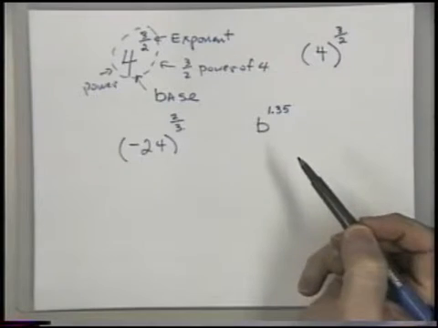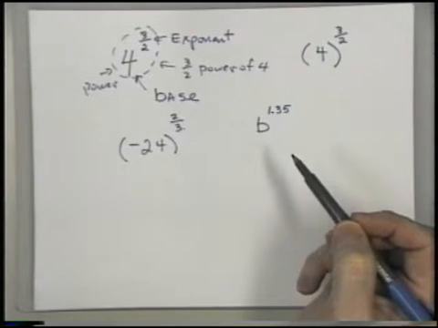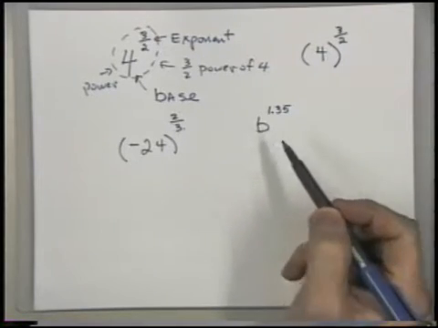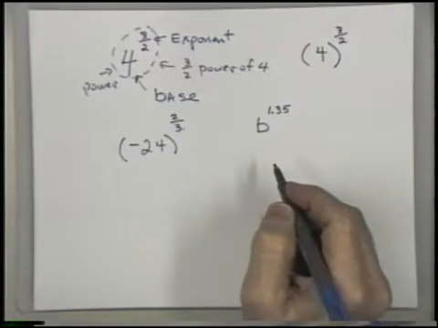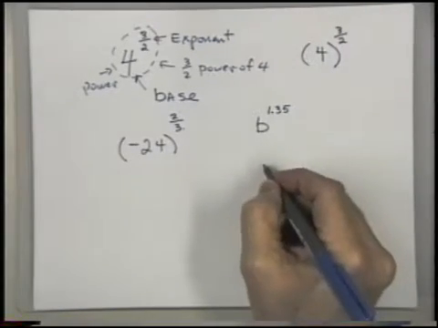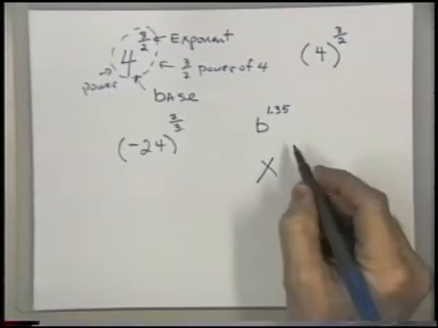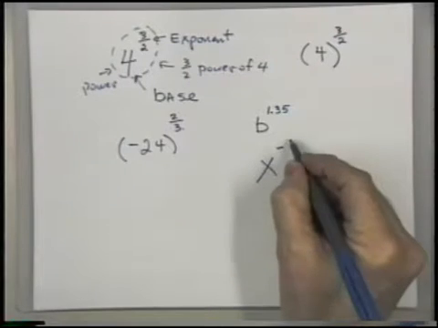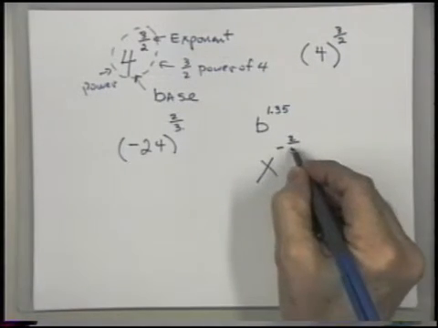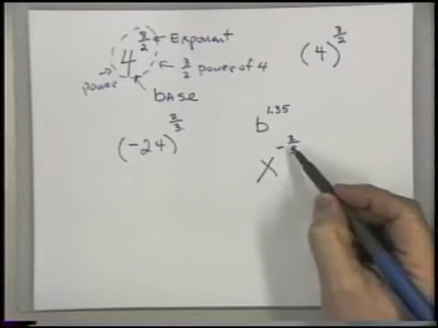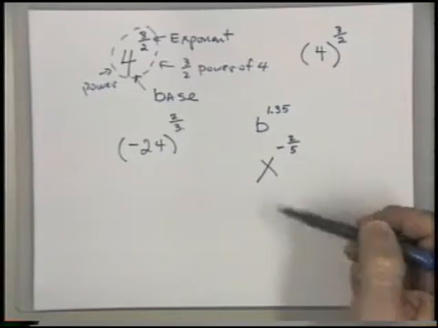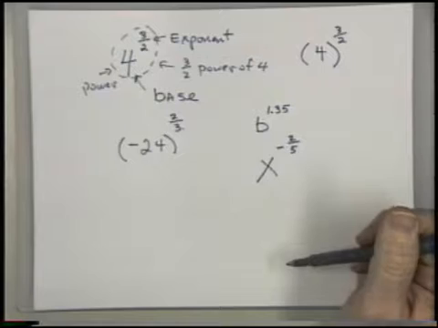B to the 1.35, or the 1 35/100 power of B. One more. How about X raised to a negative 2/5 power? Sure, negative 2/5 is a rational number, so we want this to have meaning as well.